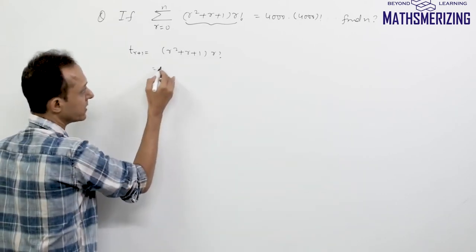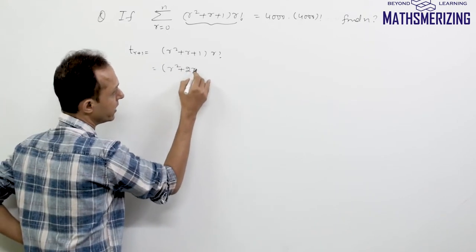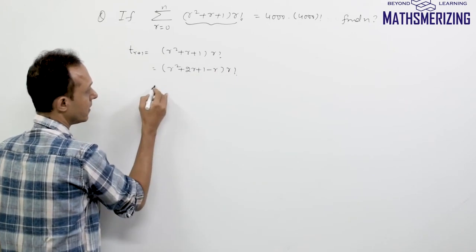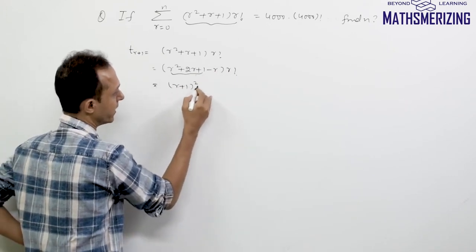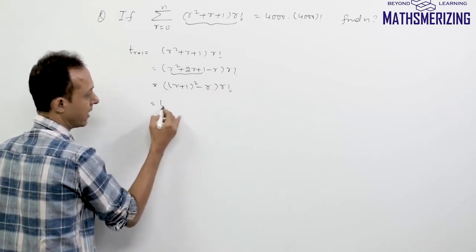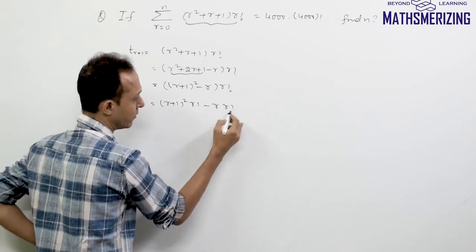Now what I can do is, I can also write it as r square, now I add one more r to it, so 2r plus 1 minus r into factorial r. So this is a plus b whole square, so I can write it as r plus 1 whole square minus r into factorial r.